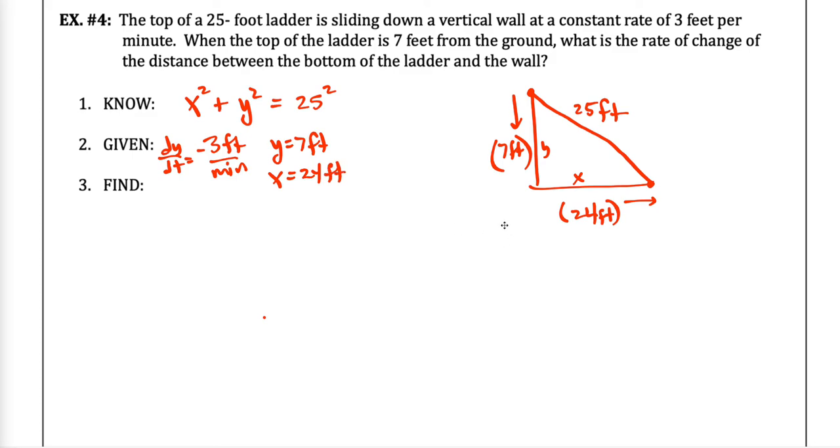And then we're being asked to find the rate of change of the distance between the bottom of the ladder and the wall. So we're being asked to find how fast it's moving outward. Oh, God, I wrote a y.